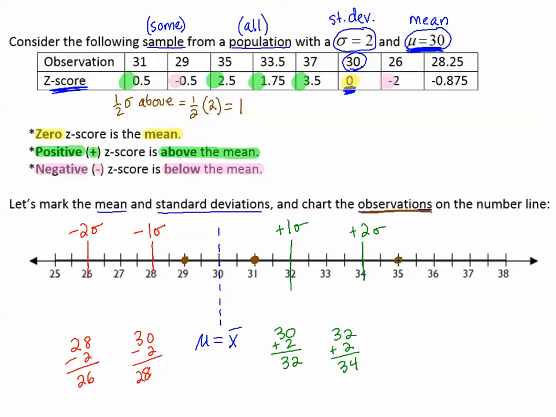35, notice where 35 is. That's in the zone that is unusual because it's greater than 2 standard deviations from the mean. Notice that the z-score for 35 is more than 2. That's an indication quickly to tell us this is an unusual data point.